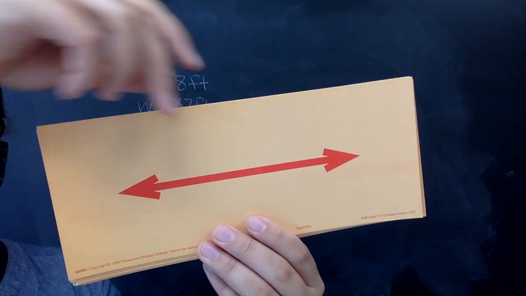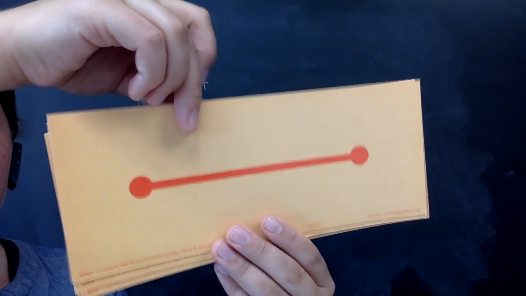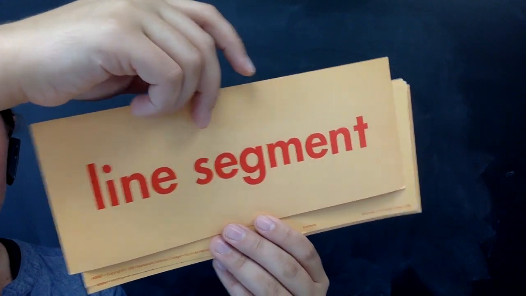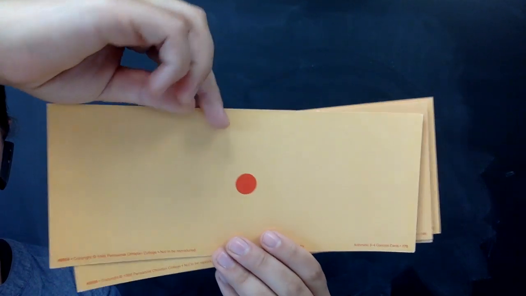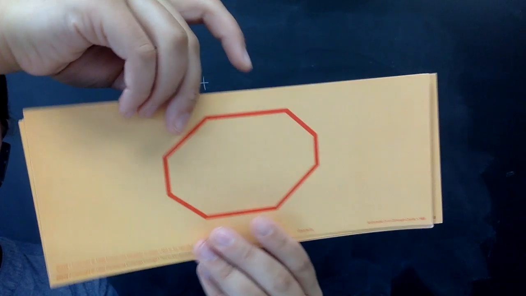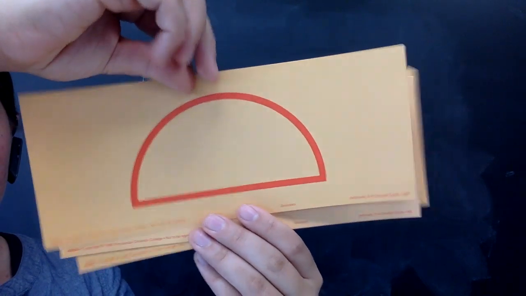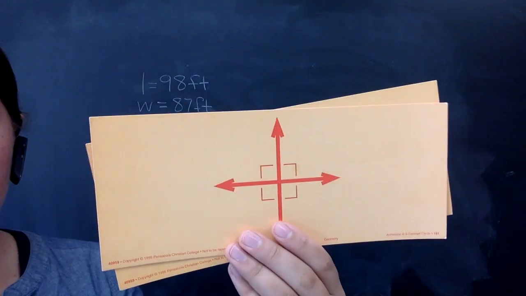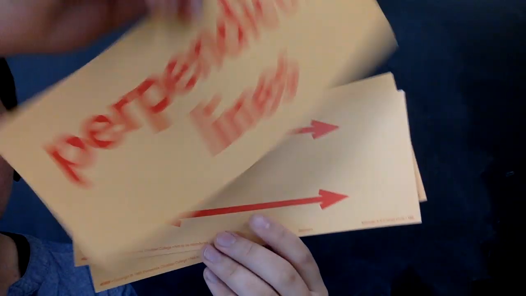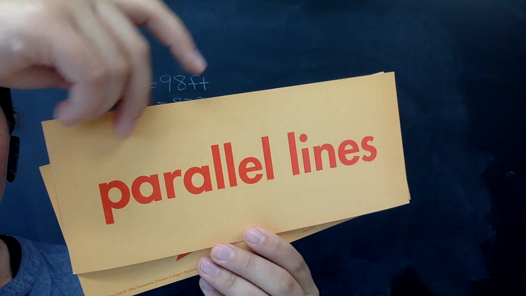Ray. Line. Line segment, point, polygon, simple closed curve, perpendicular lines, parallel lines, and intersecting lines.